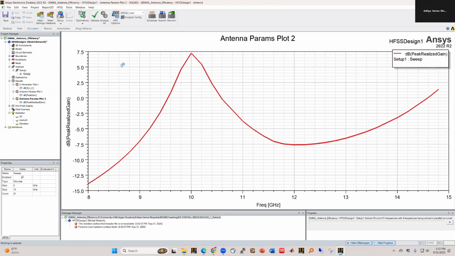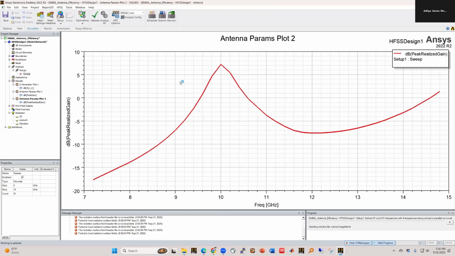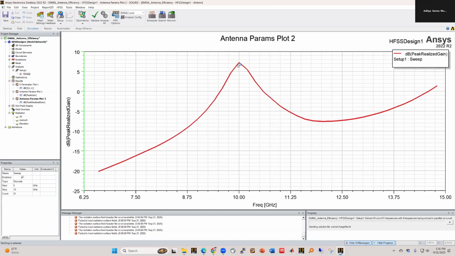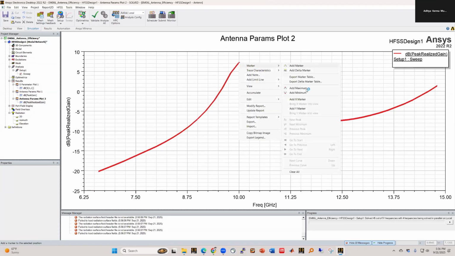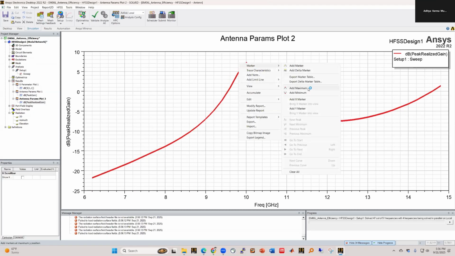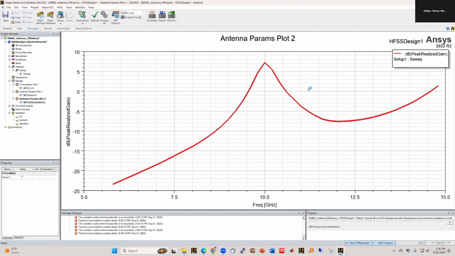Okay, so there is another bandwidth that we report apart from impedance bandwidth, and that is called the gain bandwidth. So that would be the 3 dB gain bandwidth, which means that you would place a marker at maximum. This is almost done.